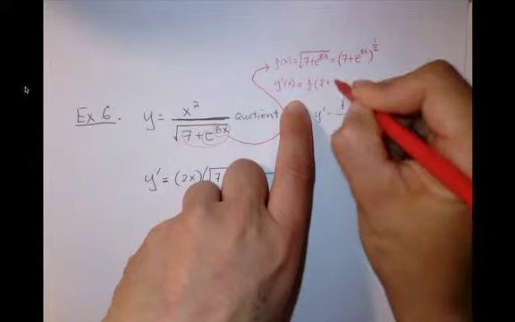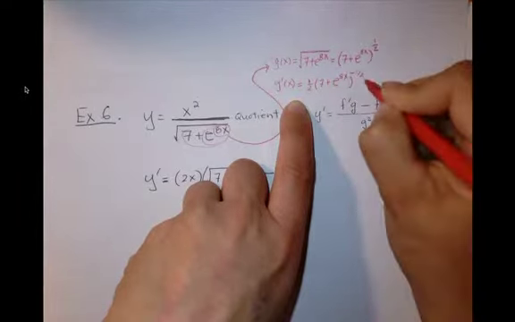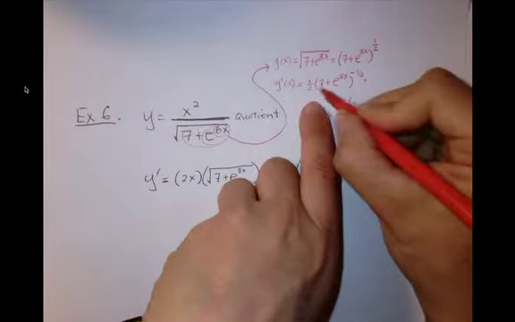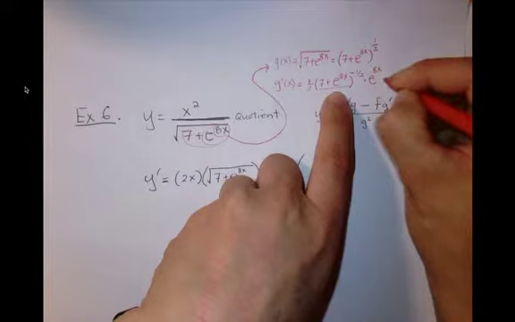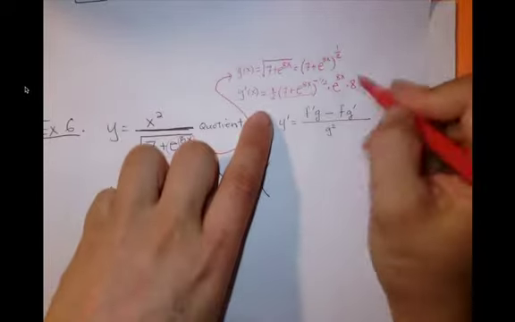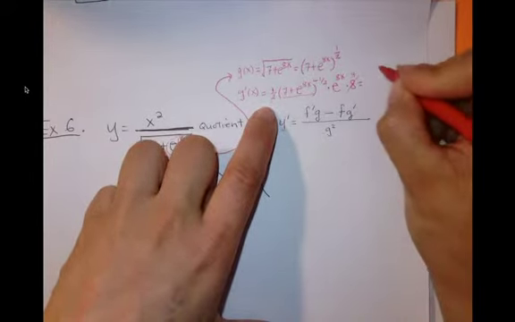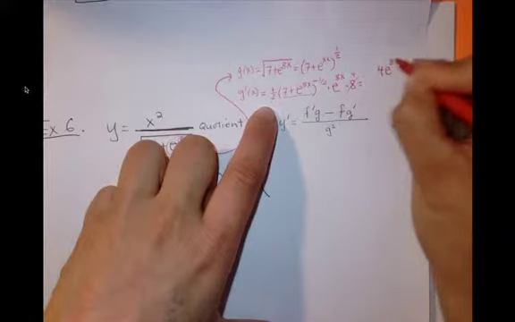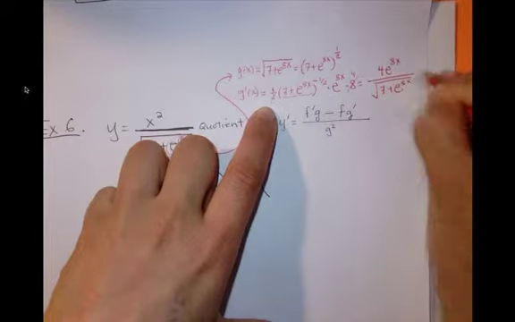So here I'm using the chain rule. And then I have to multiply this by the derivative of this function, which is e to the 8x times 8. So canceling these, I get 4. And I get that my derivative is 4e to the 8x over the square root of 7 plus e to the 8x. Okay.